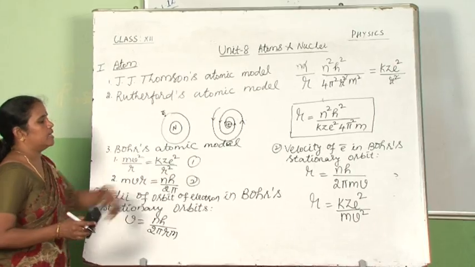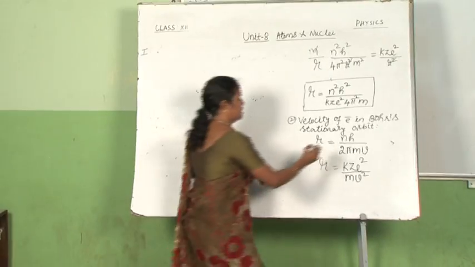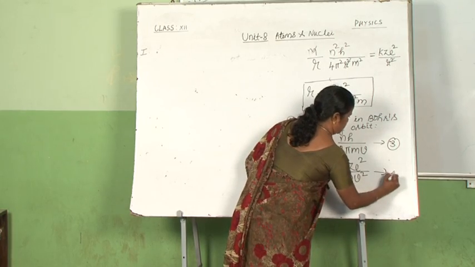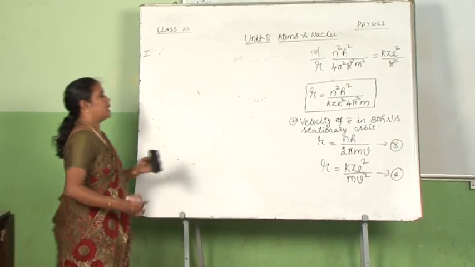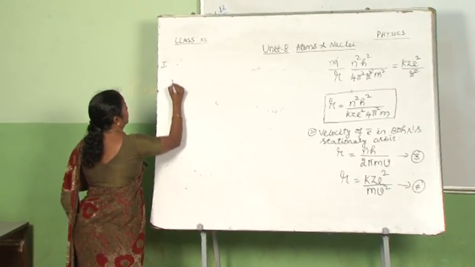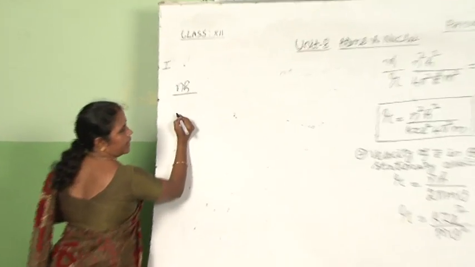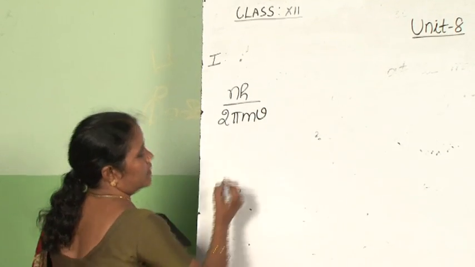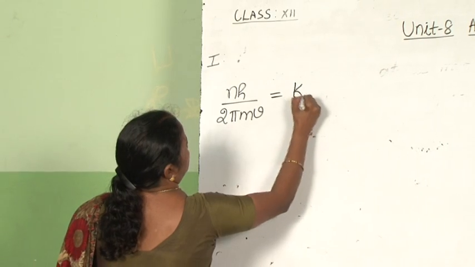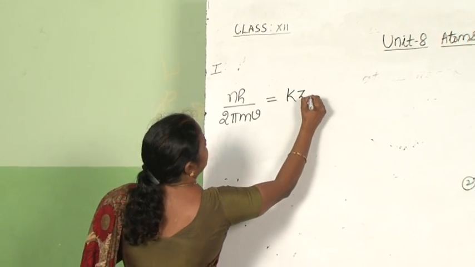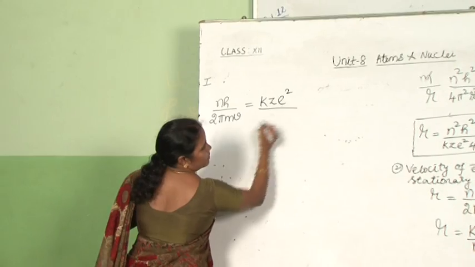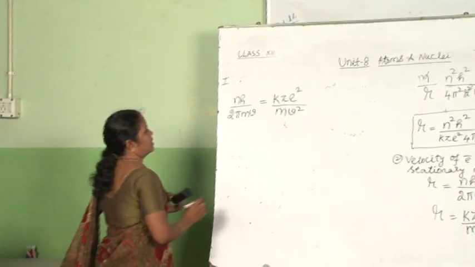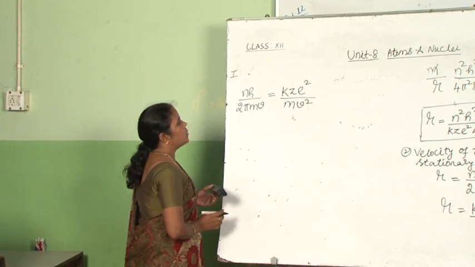Now equating these two equations, numbers 3 and 4, nh by 2 pi m v is equal to k z e square by m v square.